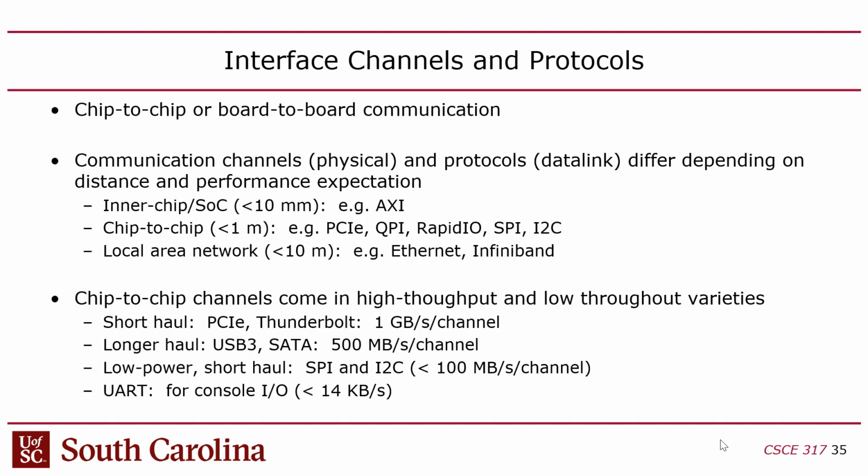But there's also a trade-off between high power and low power. For example, chip-to-chip, PCI Express or Thunderbolt, is going to be about the same scale in terms of distance as the SPI and I2C protocols that we're talking about in this class, but we're focusing on I2C and SPI because they're lower power and lower performance, right?